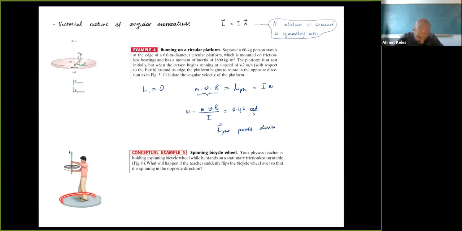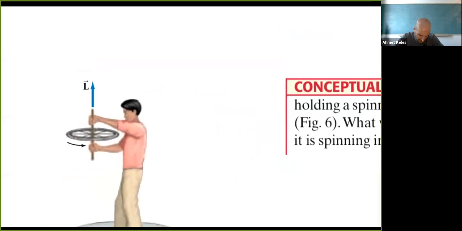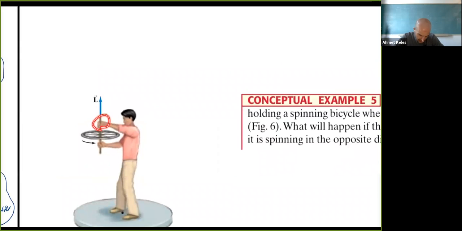So this turntable is able to rotate and there's no friction. And he is holding a spinning bicycle wheel. What will happen if the teacher suddenly flips the bicycle wheel over so that it is spinning in the opposite direction? So what will happen if he suddenly takes his left hand down and his right hand up?